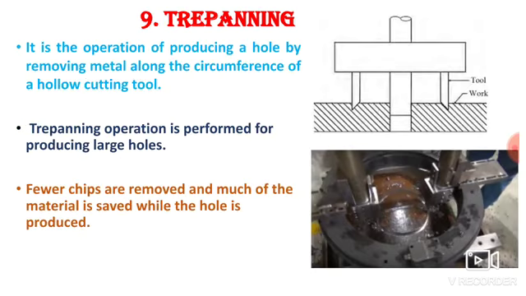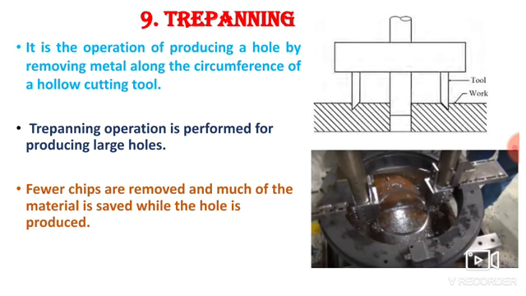The last operation is trepanning. It is an operation of producing a hole by removing the metal along the circumference of a hollow cutting tool. So whenever we want to produce a hole with large diameter, it can be produced by using a trepanning operation.